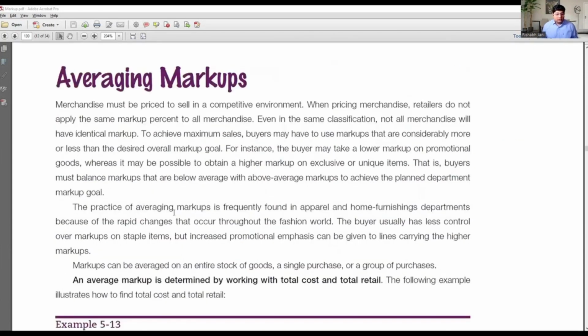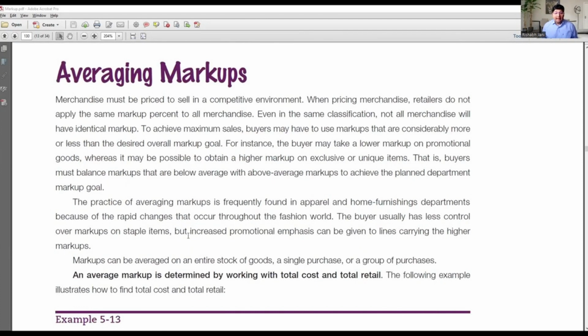So let's consider first the average markup, because this is easy to understand. And then when we go into initial markup, that will also be easy to understand. So average markup: because you're in a competitive selling environment, you don't apply the same markup to every single piece of merchandise. That's important.